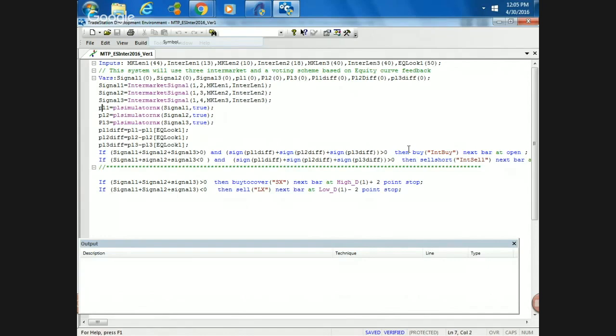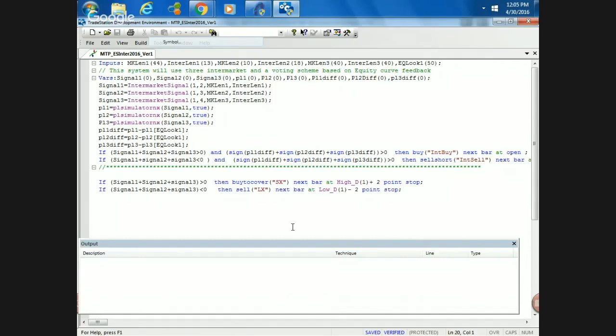Otherwise, I don't take the trade. So you're filtering the trade based on not only the intermarket signals, but the positioning of the equity curves. Right. And then my exit gets out without looking at the equity curves because I don't want to get trapped. You always want to exit.